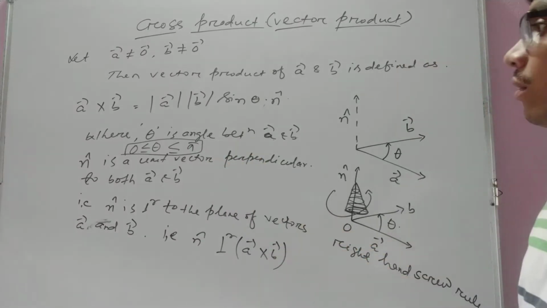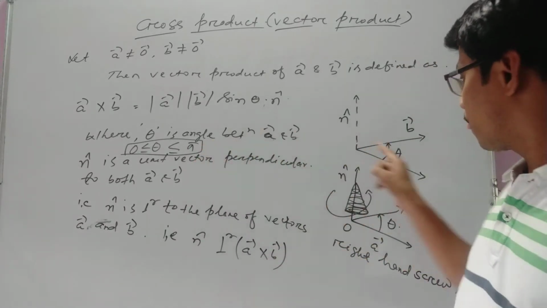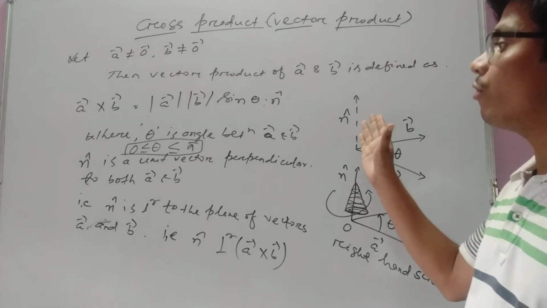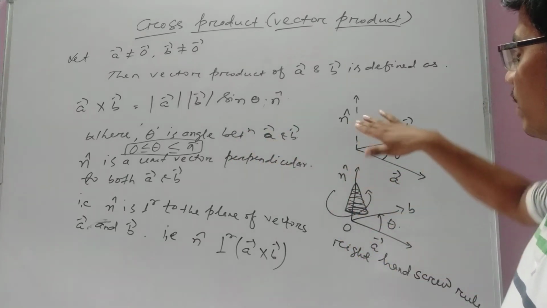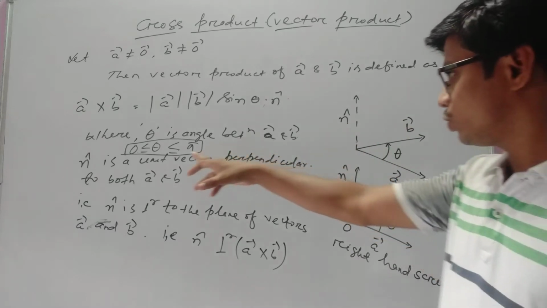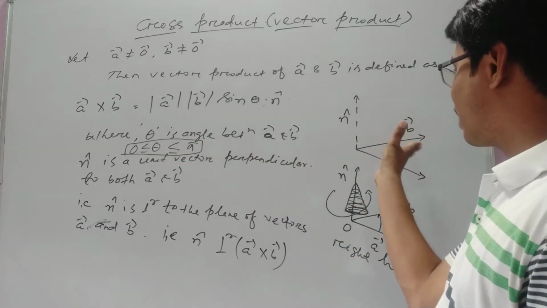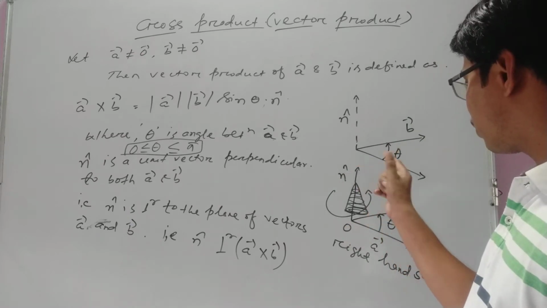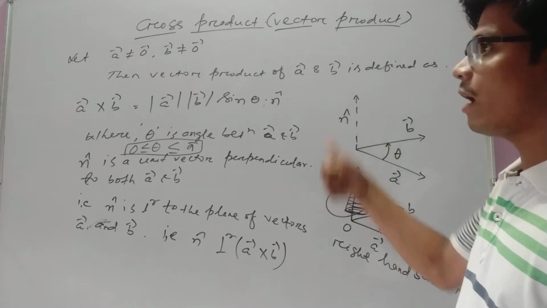Also we write 0 to minus pi. How? In the case of 0 to pi, we rotate in the anti-clockwise direction, so from A to B the direction is upward.